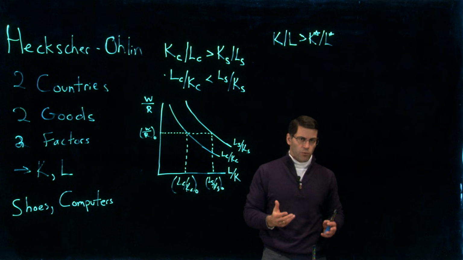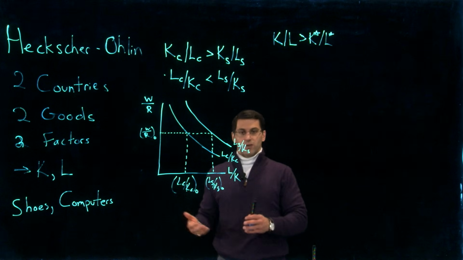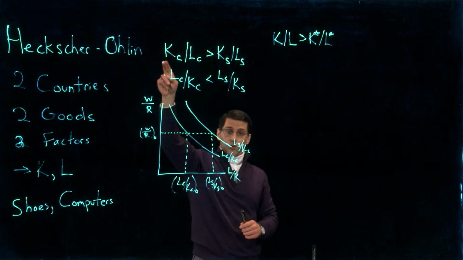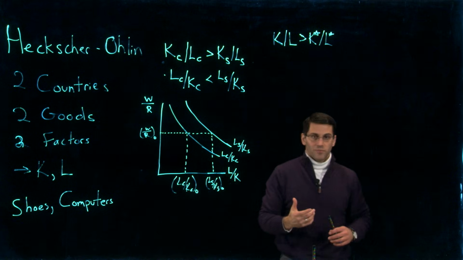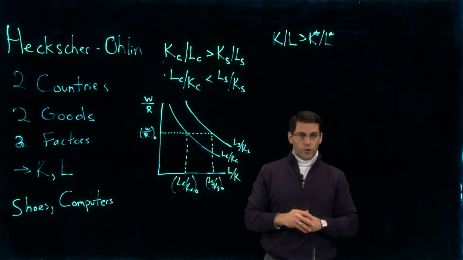Why is that assumption important? Well, this helps to rule out reversals of factor intensity. In other words, if computer production is capital intensive in the home country, it is also capital intensive in the foreign country. Without that, things can get a lot more complicated pretty quickly.